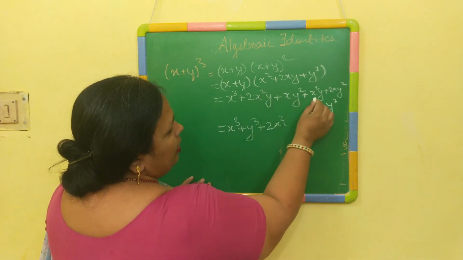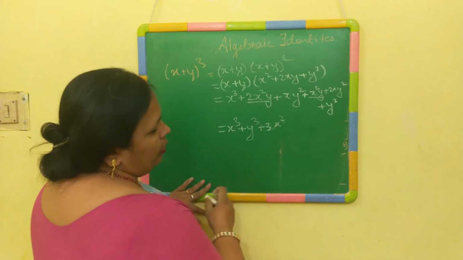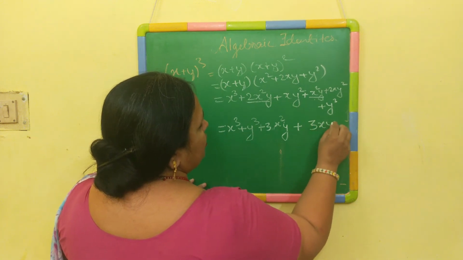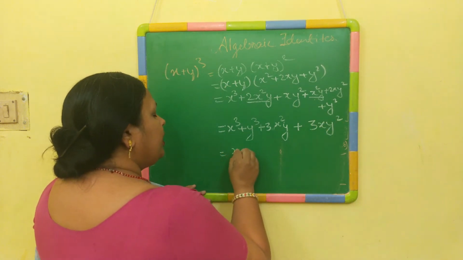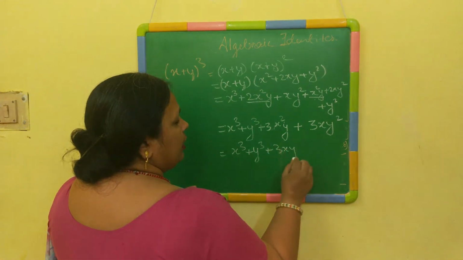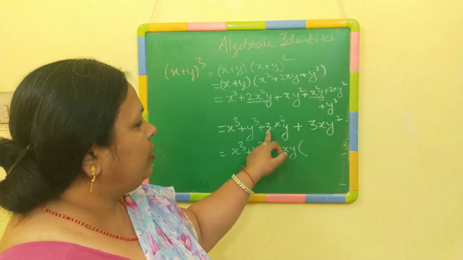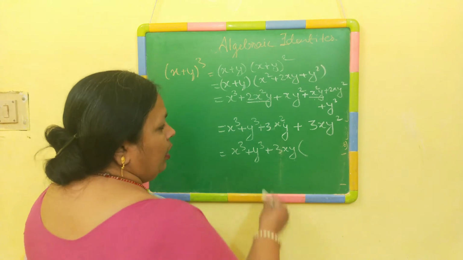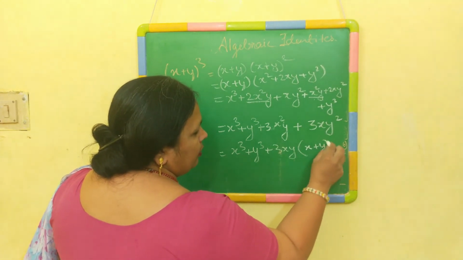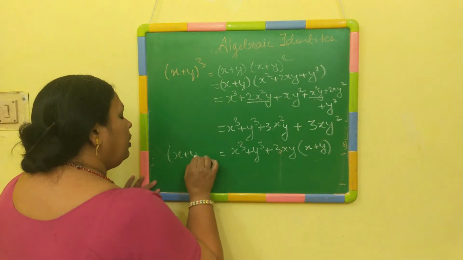See, x square y and x square y, so we have 3x square y. Similarly, plus 3xy square. On further simplification, this will give you 3xy taken as common. We are taking from x square, xy common, 3 common, xy common. What are we left with? x. And what here are we left with? y. Clear?